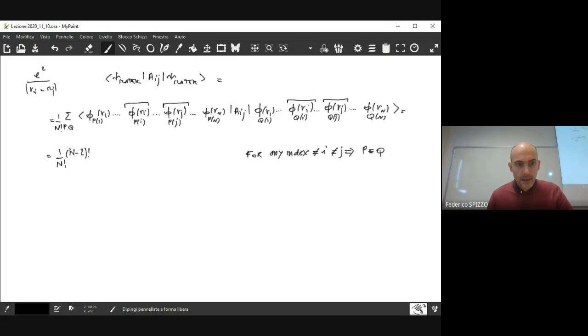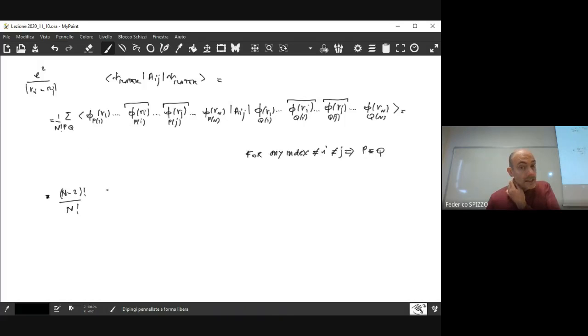So I cancel here, and then I repeat everything below. Okay, so this is equal to (n minus 2) factorial divided by n factorial.